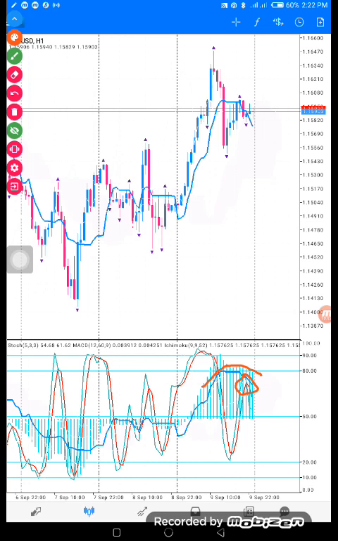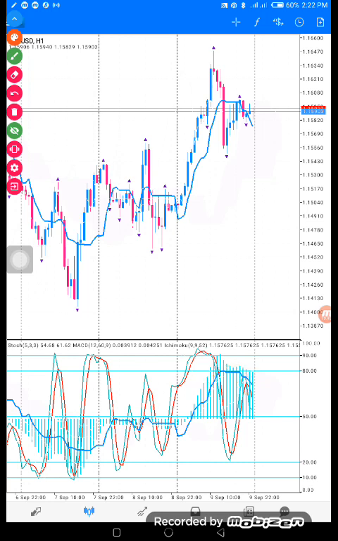the 4 hours time frame. Let's check what's happening on the 4 hours time frame. The higher time frame usually has a higher perspective, or should I say an overriding authority over the smaller time frame in most cases, if not in all cases.